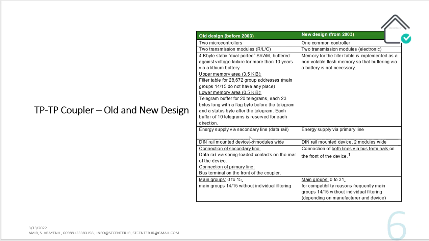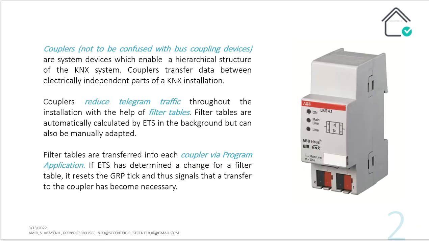Another important thing is that before, the connection to the secondary line was a data rail, and of course the primary line was the KNX socket, KNX connector. Nowadays both sides have the KNX connector, as you see in the previous slide.